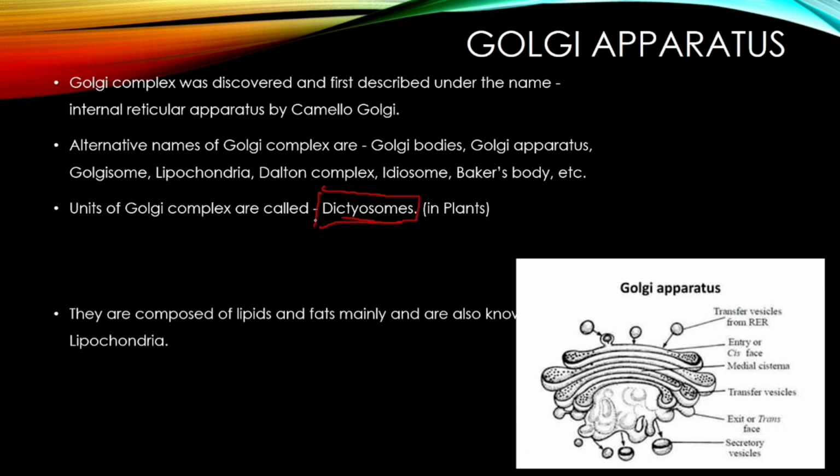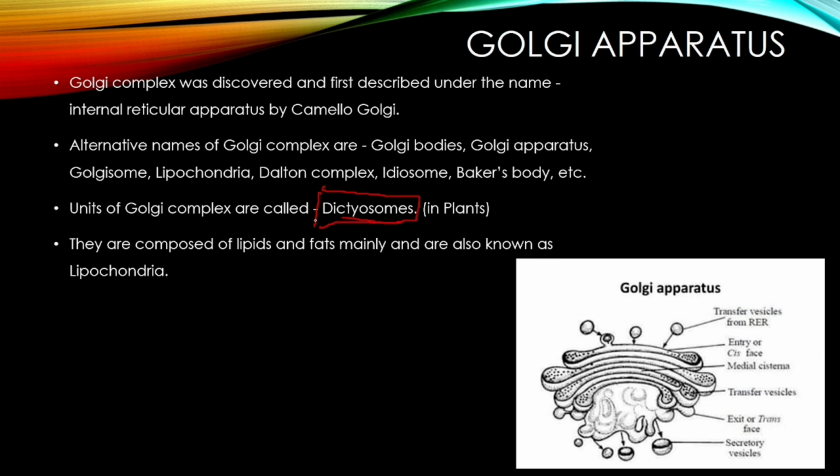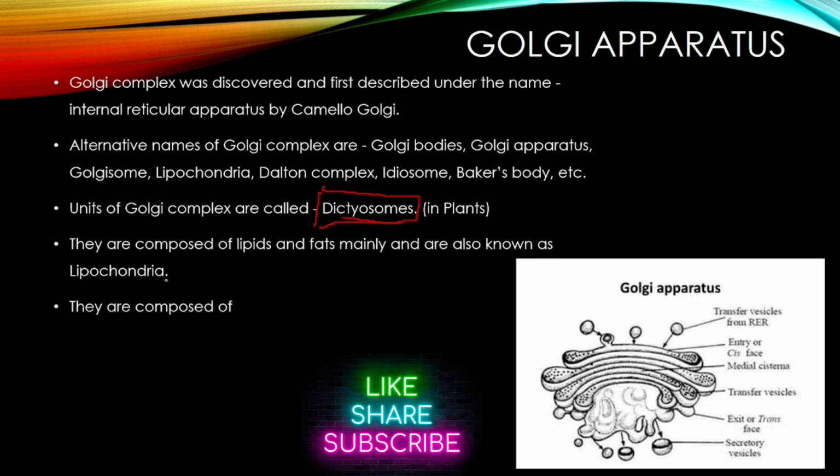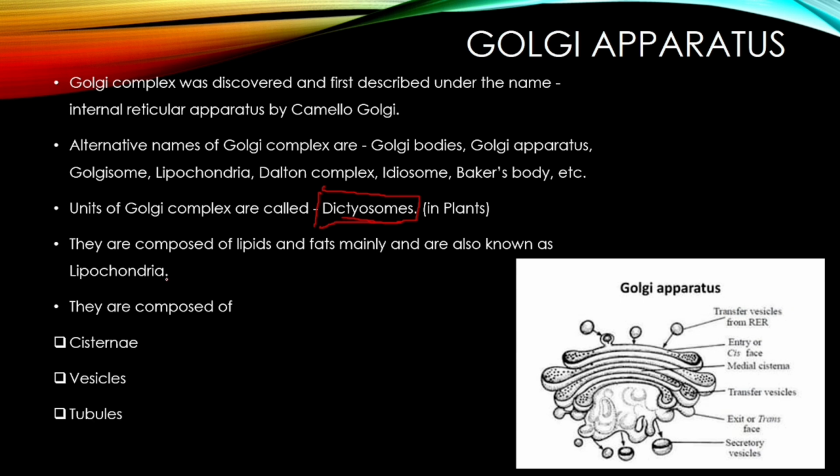They are also composed of lipids and fats mainly and are known as lipochondria. They are composed of cisternae, vesicles, and tubules, like what the endoplasmic reticulum also had. And it also has vacuoles.